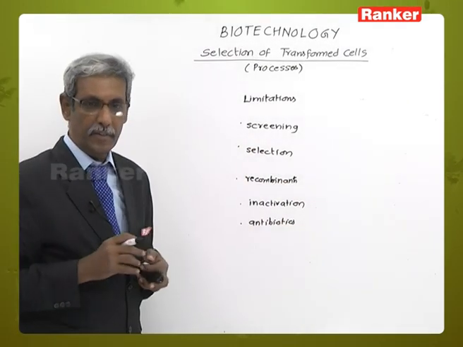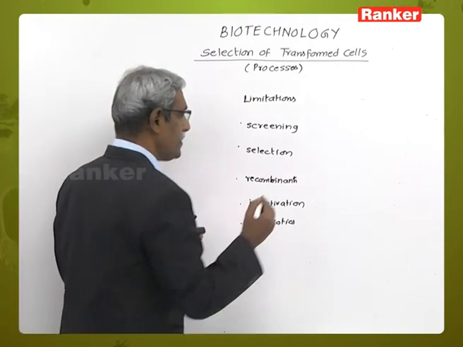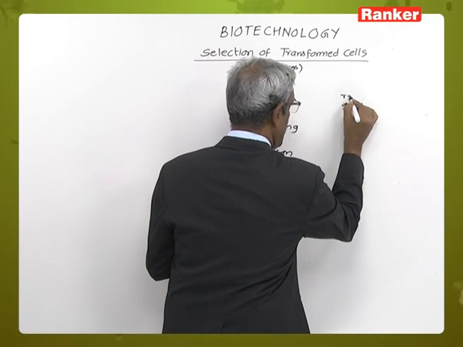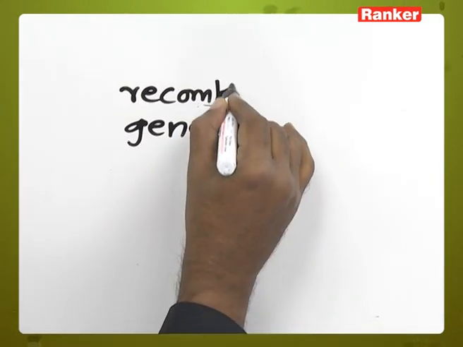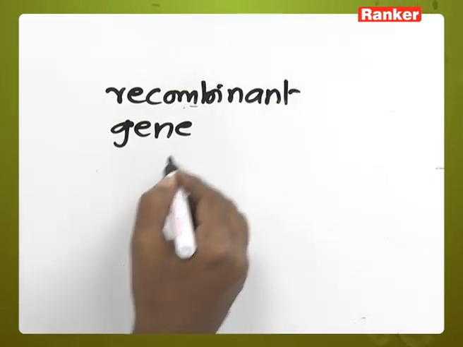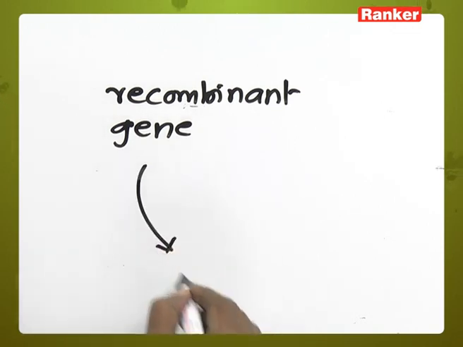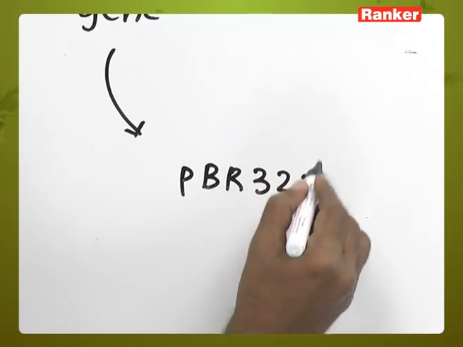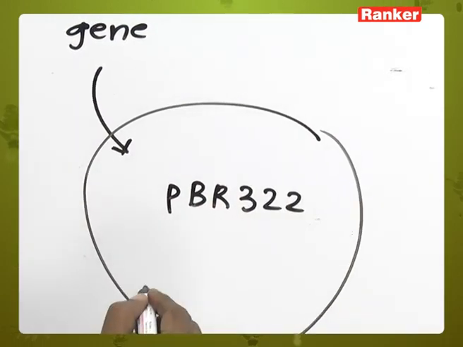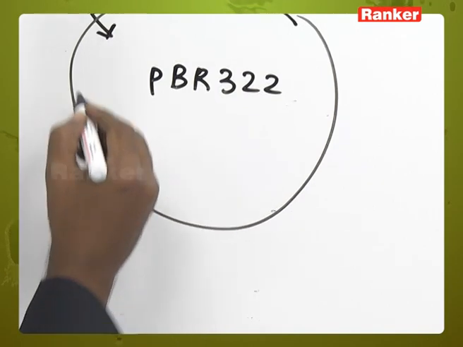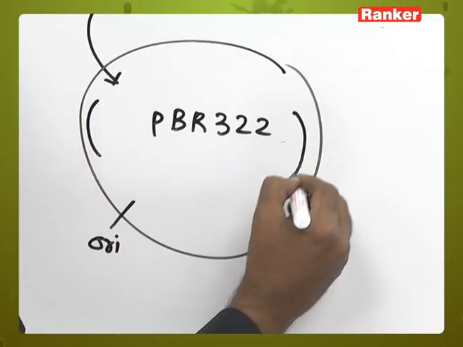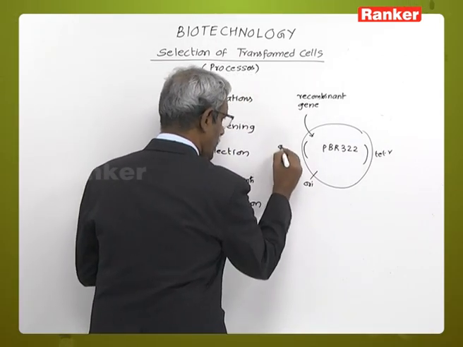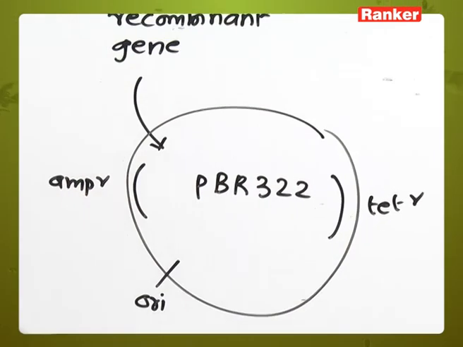Think we have a gene of interest. Now, supposing your gene of interest or your recombinant gene gets into a pBR322, which has an ORI, and it has got a tetracycline resistant marker, and also it has got an ampicillin resistant marker.